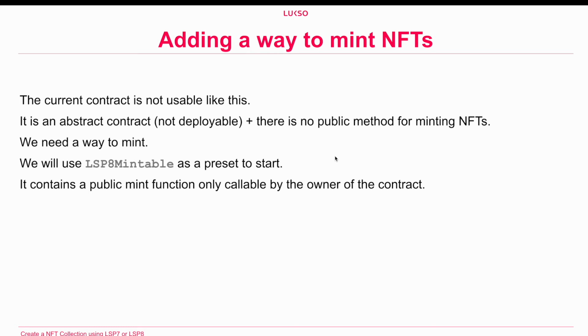The reason is that the LSP8 contract by itself doesn't have this, because every contract creator will define their own way to mint and create new NFTs. So we have two methods. Either we create our own function to create our own NFT supply, or we use our preset.